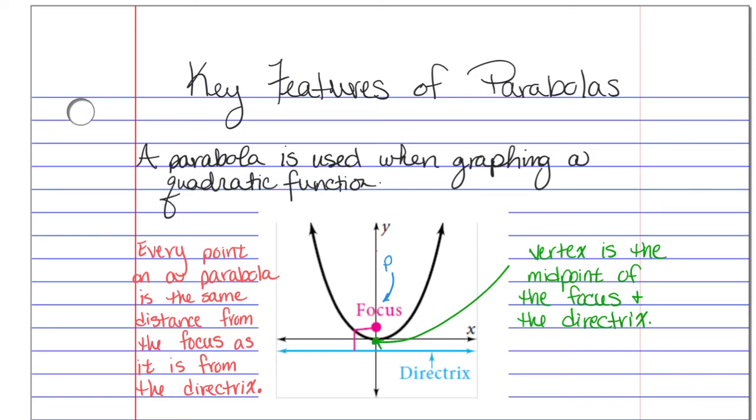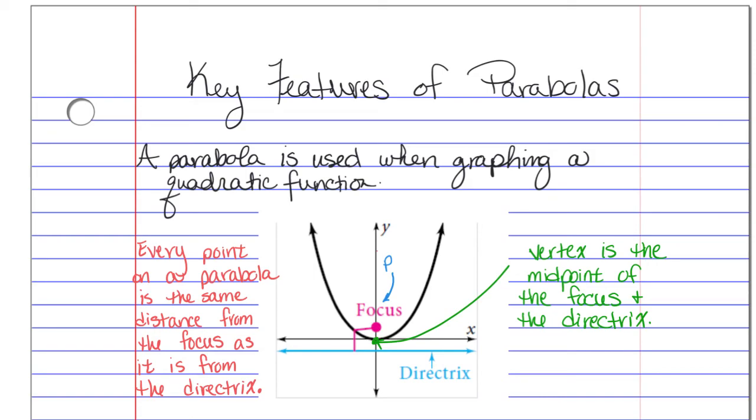Any point on your parabola, let's say this point up here, is going to be exactly the same distance from the focus as it is from your directrix. This relationship between the focus and the directrix is what creates the shape of the parabola and why it functions the way that it does.